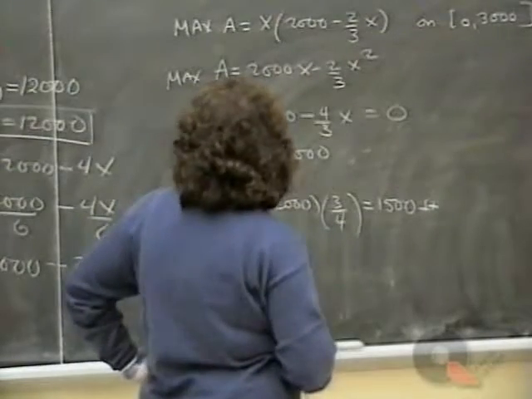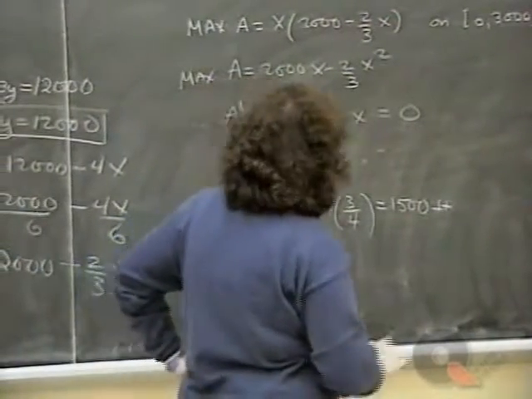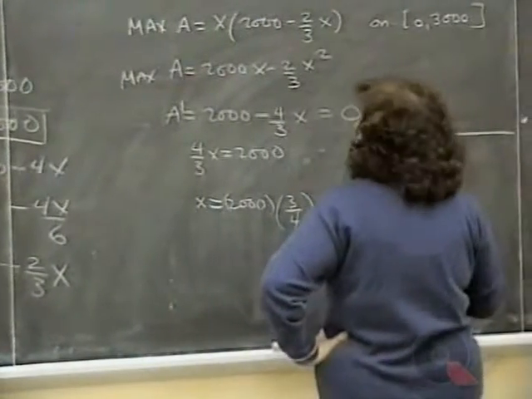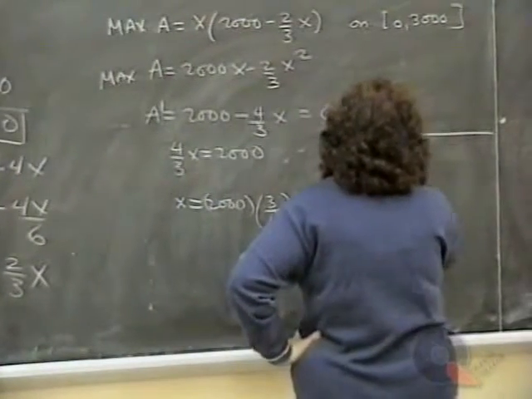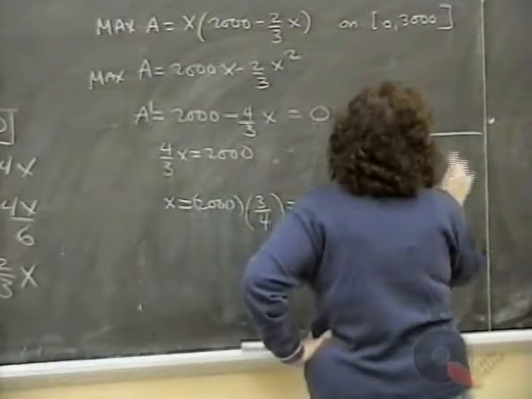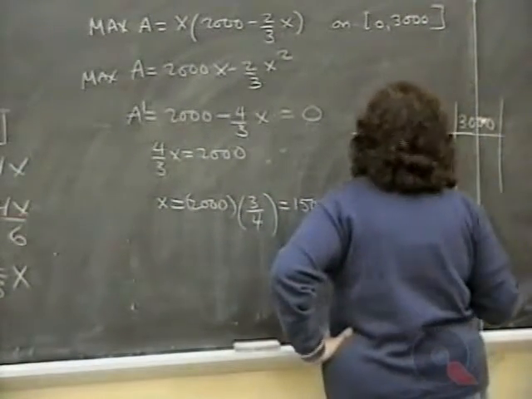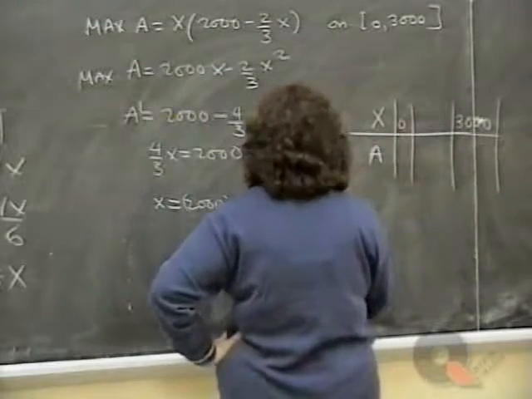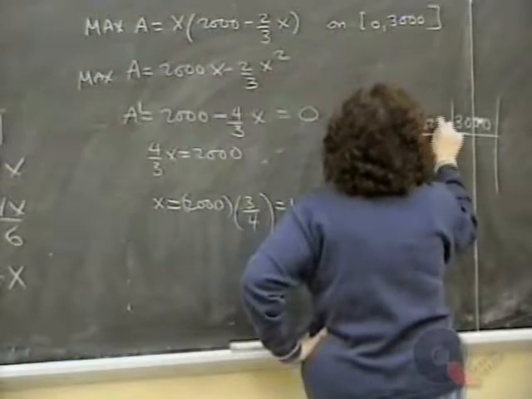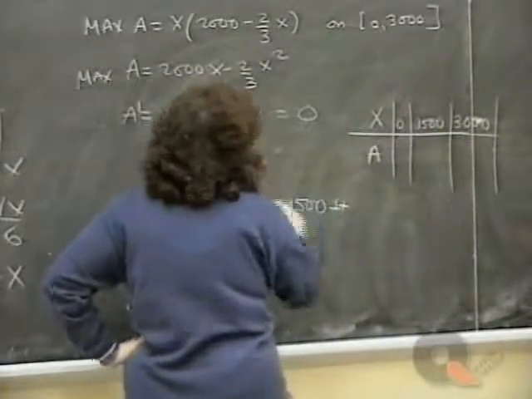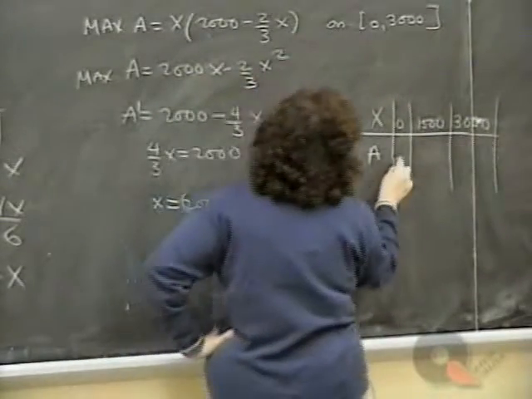Okay, so x would be 1,500 feet. Let's see if this gives us a max or a min, whatever we have. Continuous function on a closed interval. The endpoints are 0 and 3,000. And the critical number that we got was 1,500. Substituting into the original equation here, if x is 0, of course the area is 0.